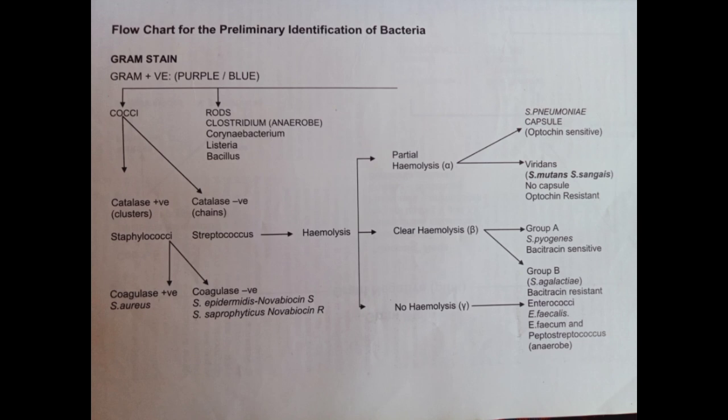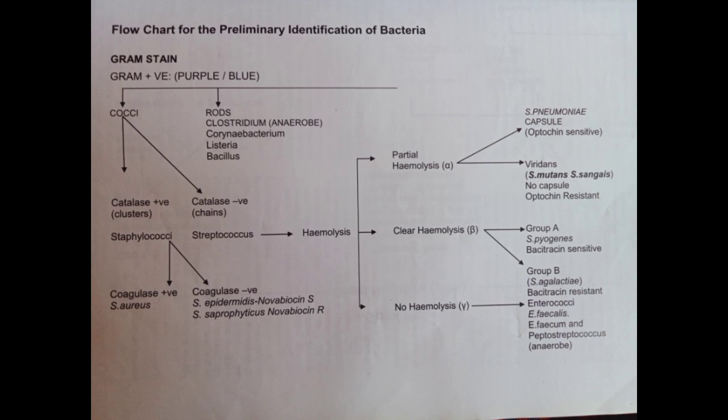Streptococcus pneumoniae is capsulated and sensitive to optochin antibiotic, while the Streptococcus viridans group has no capsule and is resistant to optochin antibiotic.